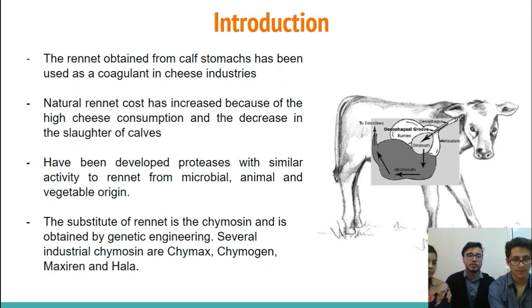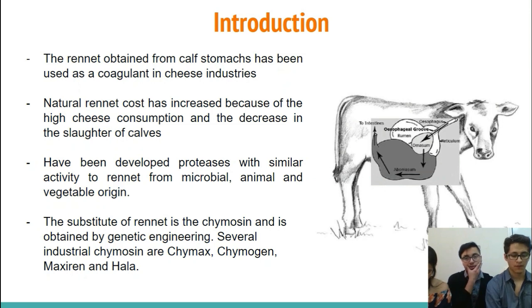It's important to note that chymosin is a protease. A protease is an enzyme that breaks down proteins, and we're going to look at breaking down a specific protein. We can make the chymosin act on milk for making cheese.